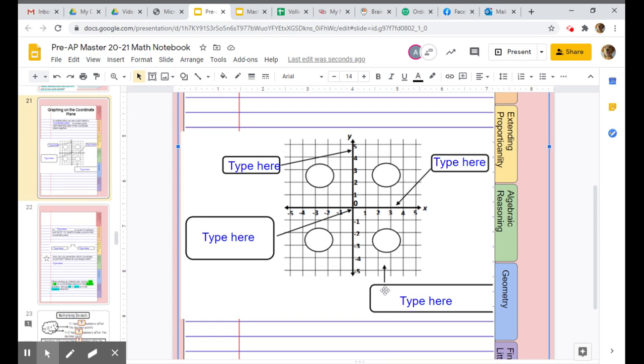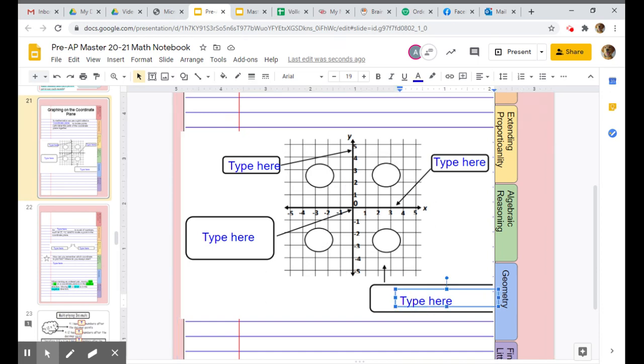The first thing, this whole thing with all these grid boxes and everything is what is called your coordinate plane. Okay. So that is the actual coordinate plane itself. And it is formed by the intersection of an x-axis and a y-axis.